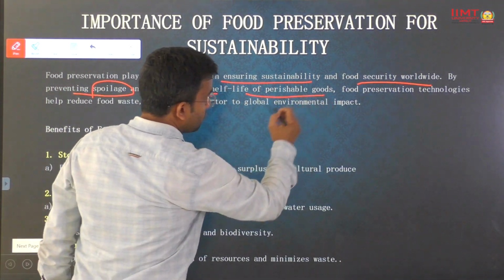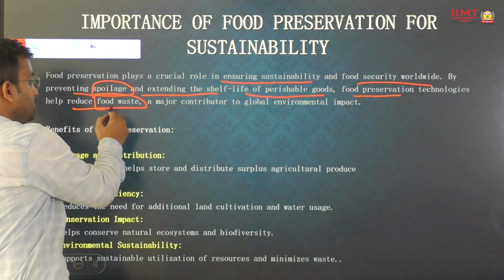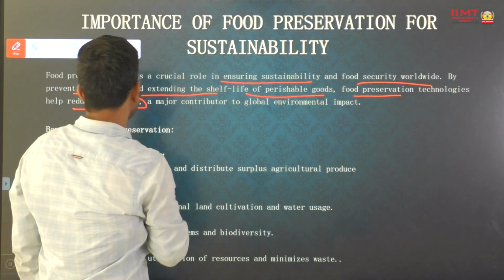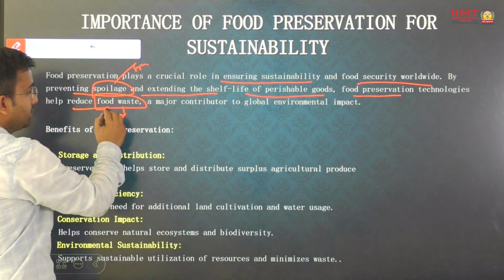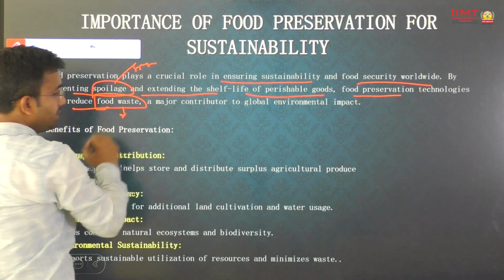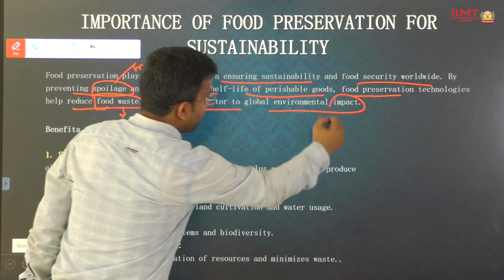Food preservation technology helps reduce food waste. So this is a clear point: if food is not spoiled, we never waste the food items. Food waste is a major contributor to global environmental impact.